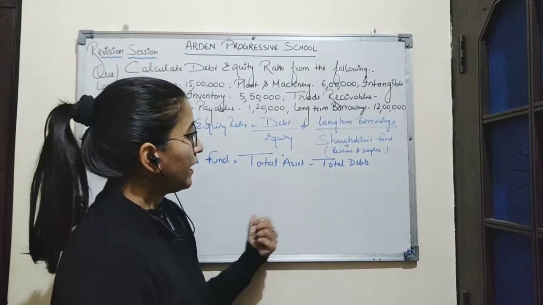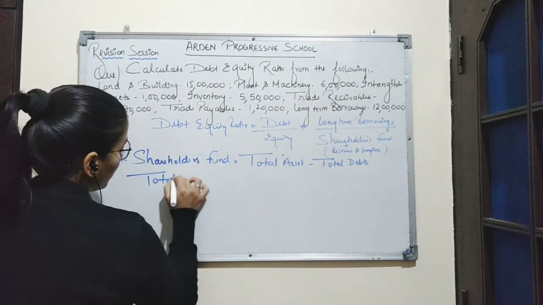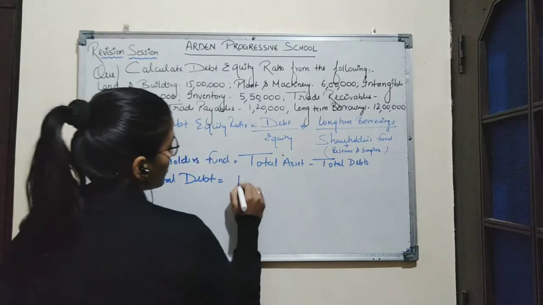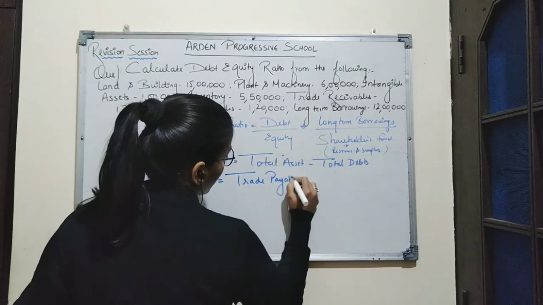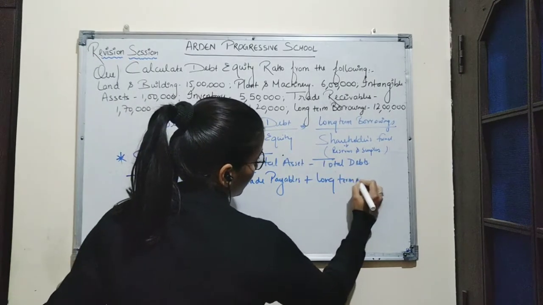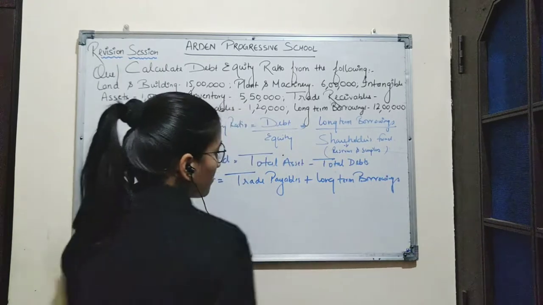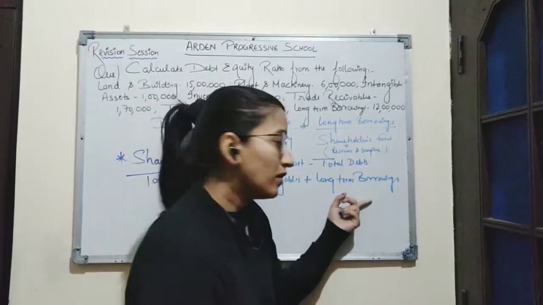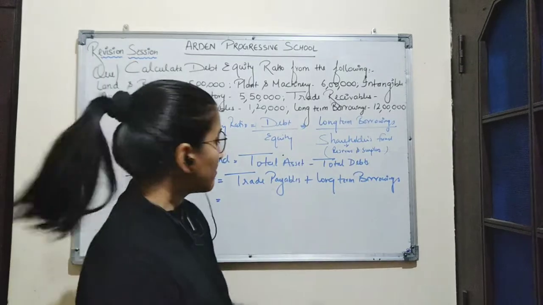Now we will calculate the amount of total debt. So total debt will include trade payables and long term borrowings. Trade payables is current liability and long term borrowings is non-current liability. So now we will put the value of current and non-current liability.